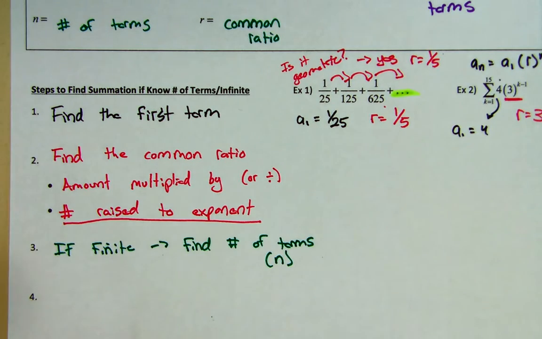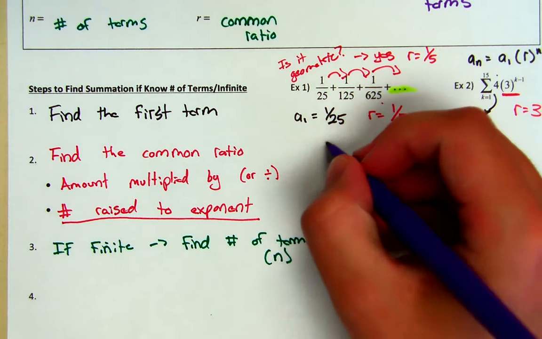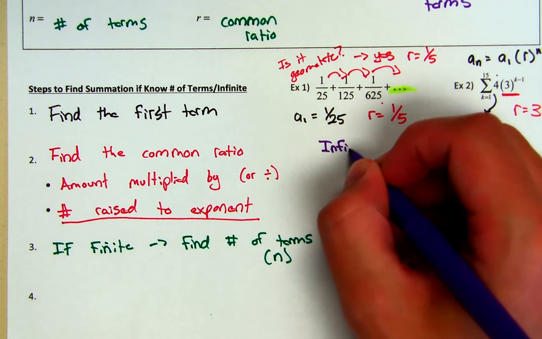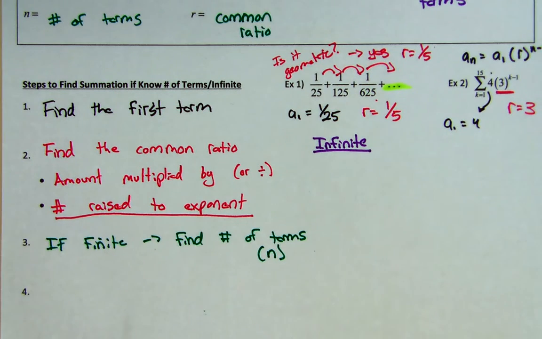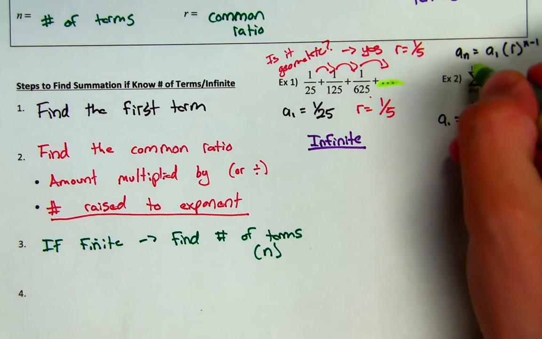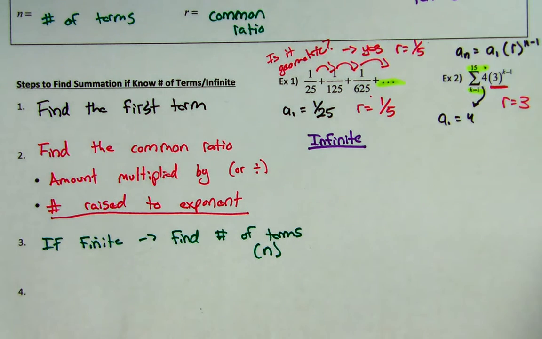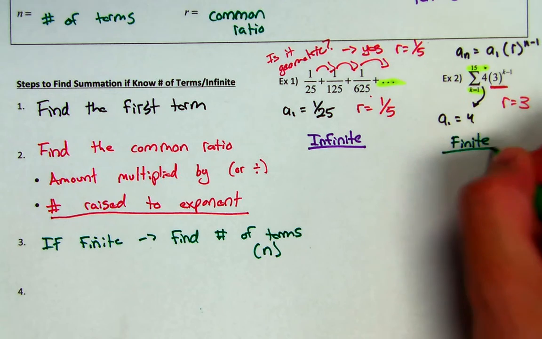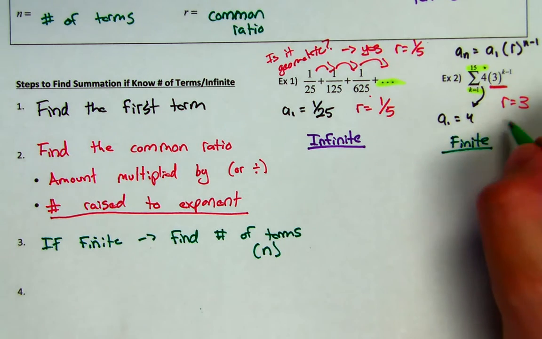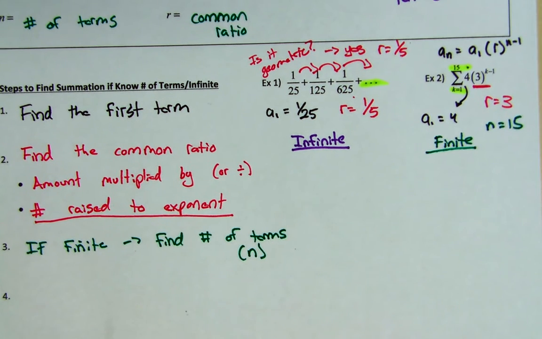So that tells me that this series is not finite. This series is infinite. But if I look at this next one over here, I start at 1, I end with 15. So that series is finite. So how many terms are there? Well, n equals 15, because I have 15 terms total.